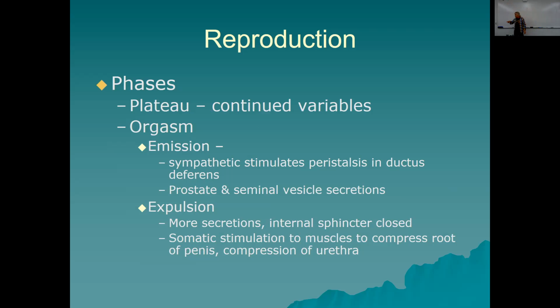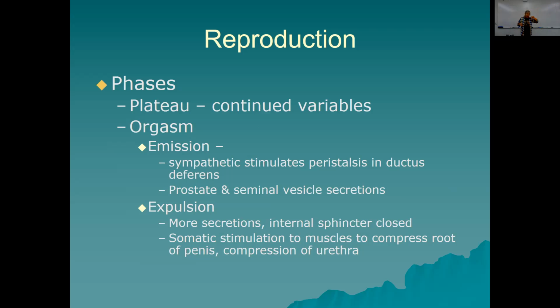Then expulsion, more secretions, the internal sphincter of the urethra closes, so no urine can come out; you can't ejaculate and urinate at the same time. Somatic stimulation of muscles, compressed root of penis, compression of urethra, and sperm is expelled from the penis.